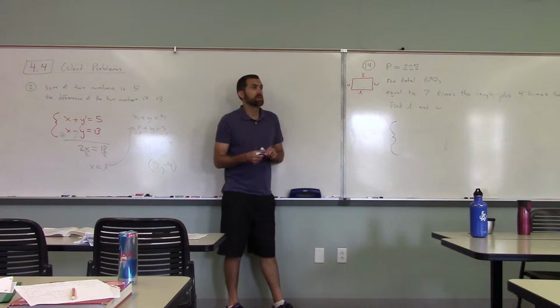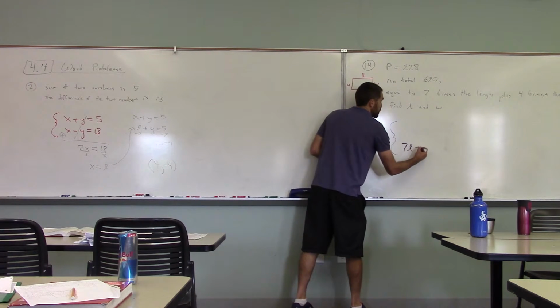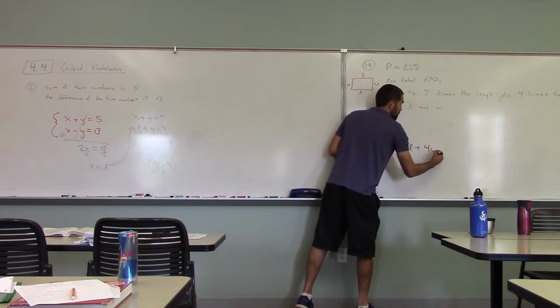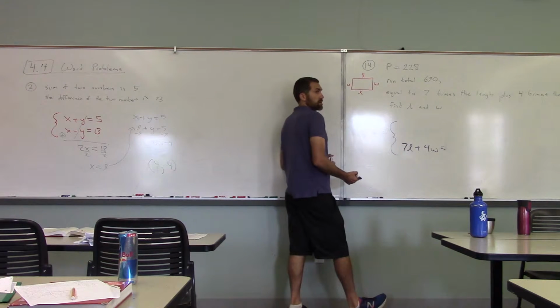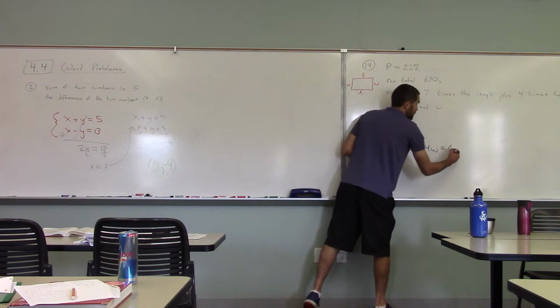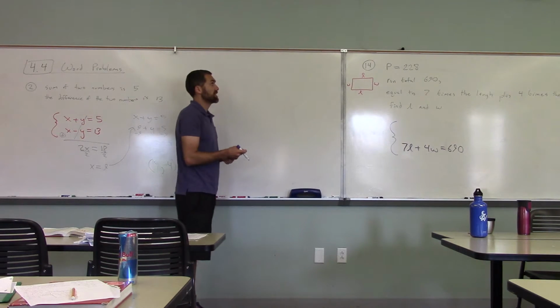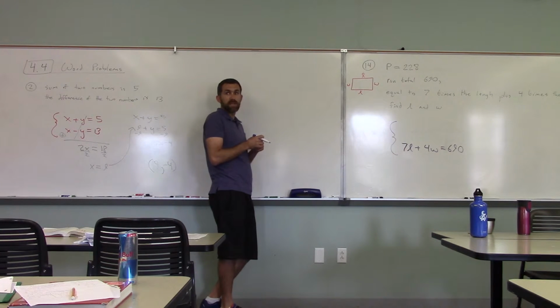Yeah, Nick? 7 times L plus 4 times W equals 690. Exactly. The second one says the player ran 690 feet, which was equal to 7 times length plus 4 times W. So that's one equation. Now we need another equation. What's the other one?